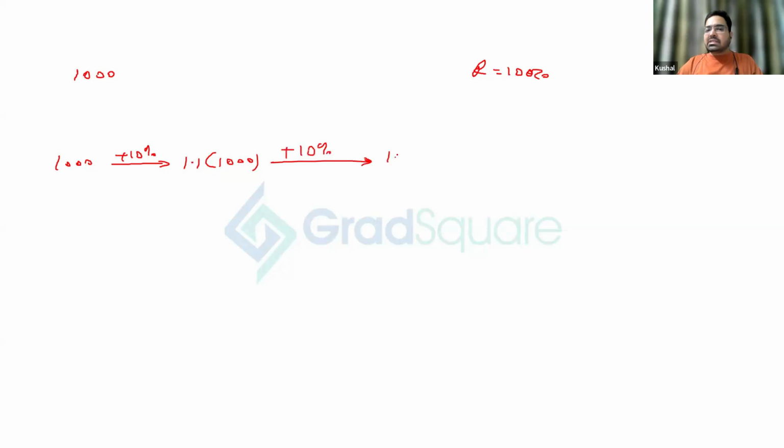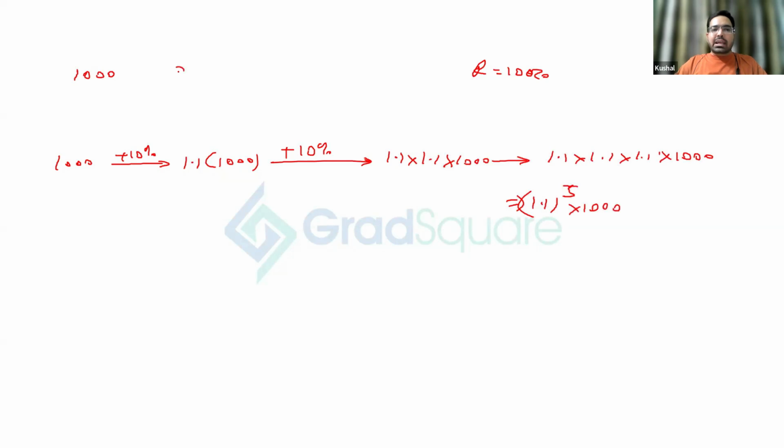It will be 1.1 into 1.1 into 1000. What will be the value at the end of the third year? 1.1 into 1.1 into 1.1 into 1000. Clear? So the value at the end of 3 years will be 1.1 whole cube into 1000. That will be the value at the end of the third year.